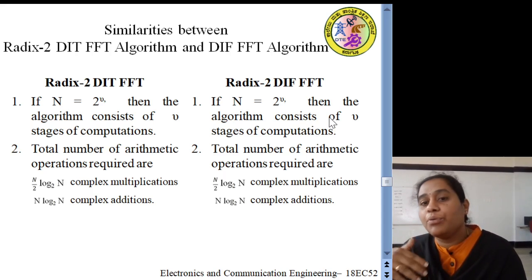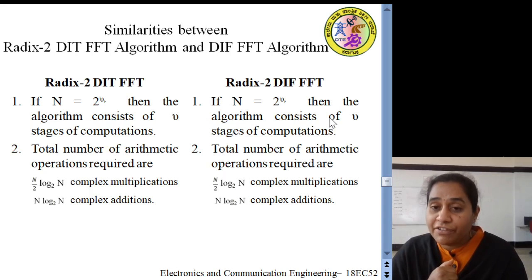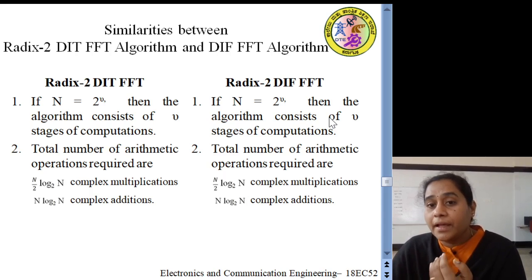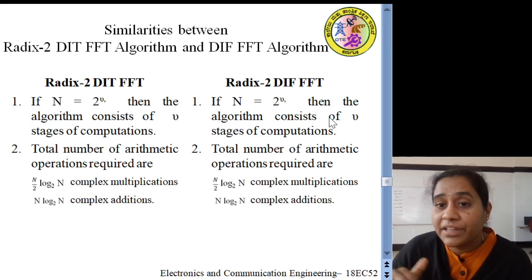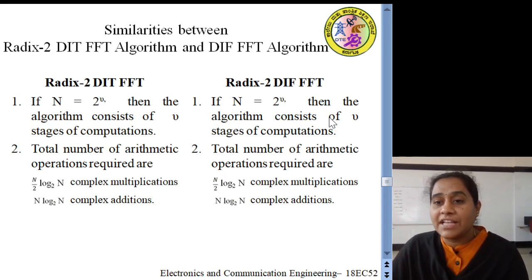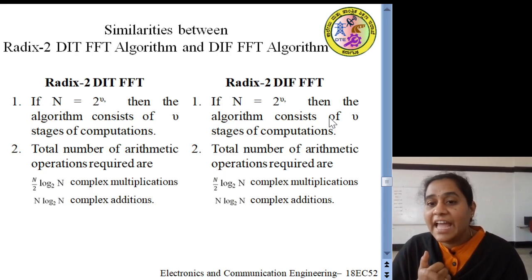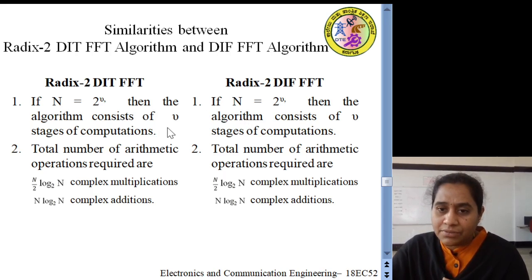That means in both the DIT and DIF FFT algorithms, if we consider an 8-point DFT, then N is equal to 2^3. So for finding the 8-point DFT, we require 3 stages of decimation, both in the DIT FFT algorithm as well as the DIF FFT algorithm. This is the main similarity between these two algorithms.